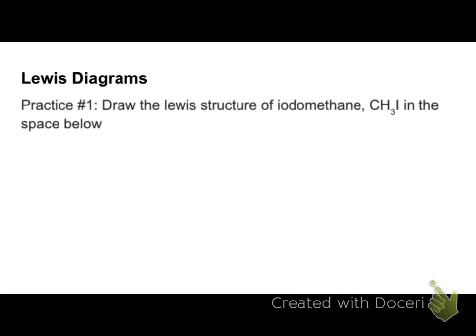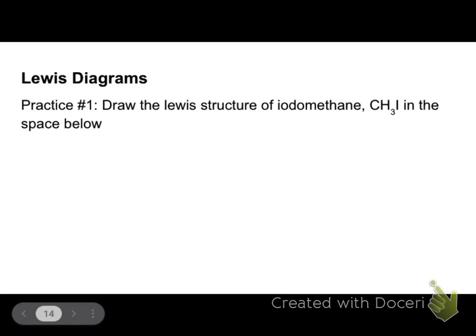So on practice number 1, they want you to draw the Lewis structure for iodomethane. Somebody who has the steps still showing on their paper, what's step number 1? Identify the type and number of atoms in the molecule. Okay, so I have 1 carbon, right? I always forget to switch over to drawing mode.